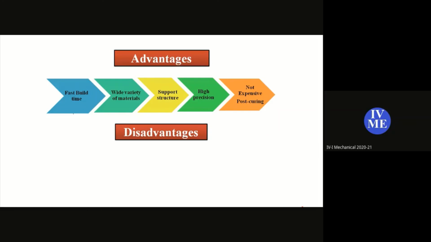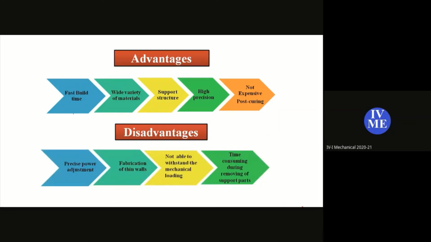Let's now come to the disadvantages. The disadvantage is precise power adjustment. Power adjustment means laser adjustment. Here, the main CO2 laser has to cut and control precisely the layer outline, layer perimeter and cross hatches.